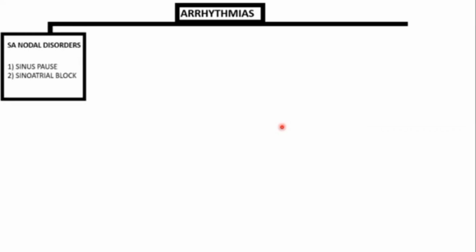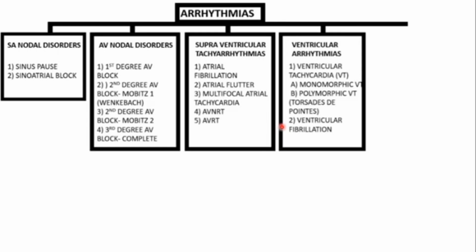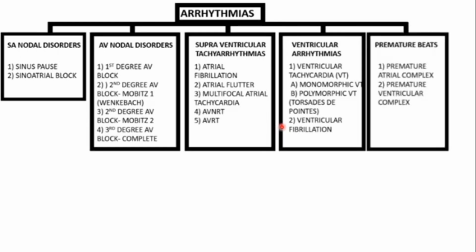Now let's see some abnormalities. I'll just tell the names here and we'll have a separate discussion on these abnormalities with separate ECG strips. Mostly you will have arrhythmias showing up in ECGs. What are the types of arrhythmias? It can be SA nodal disorders, AV nodal disorders, SVT, supraventricular tachyarrhythmias, ventricular arrhythmias, and premature beats.